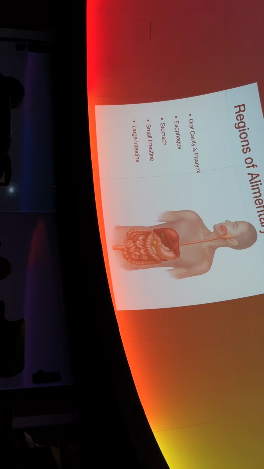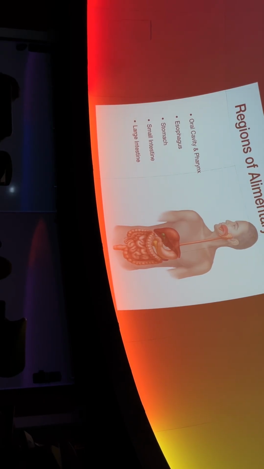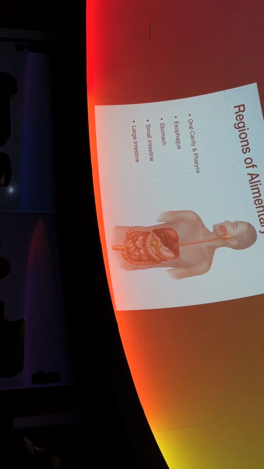When you think about the alimentary canal, you can break it into these regions, starting from most proximal to distal. You could use the term superior to inferior, but it's kind of misleading, because there's an ascending colon that is going superior.